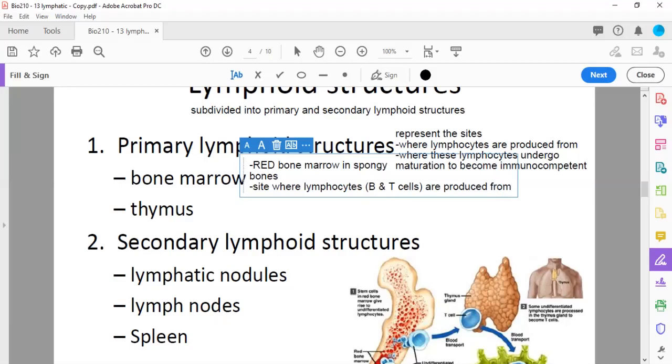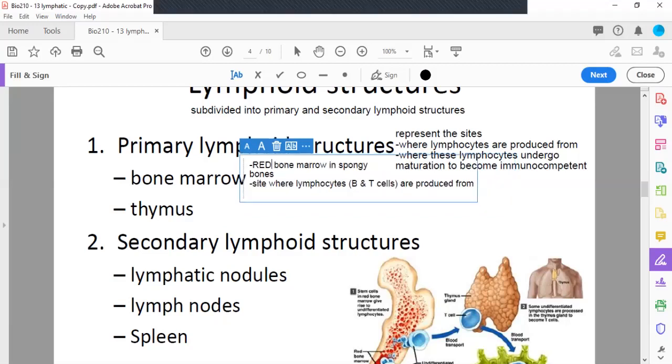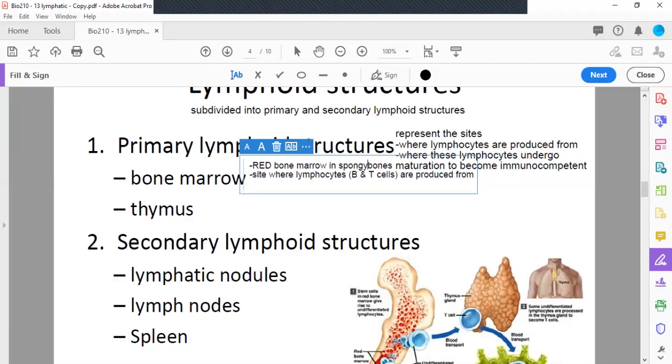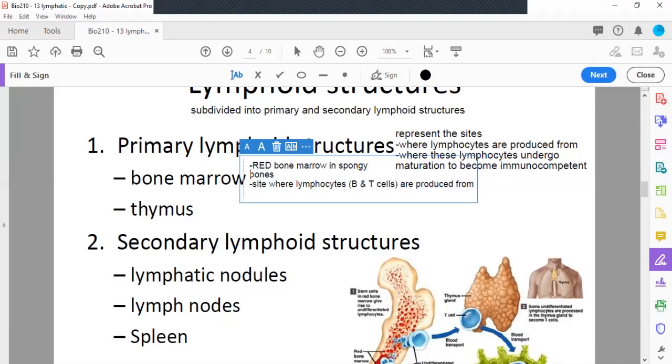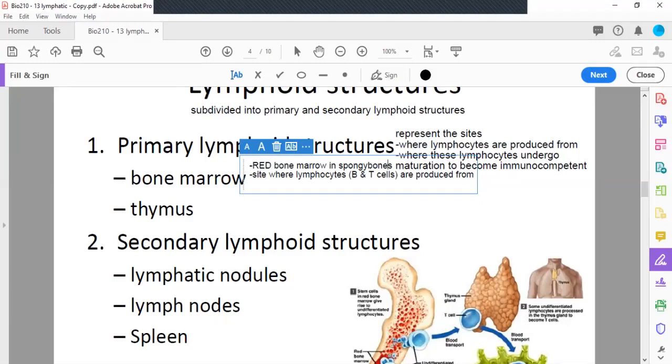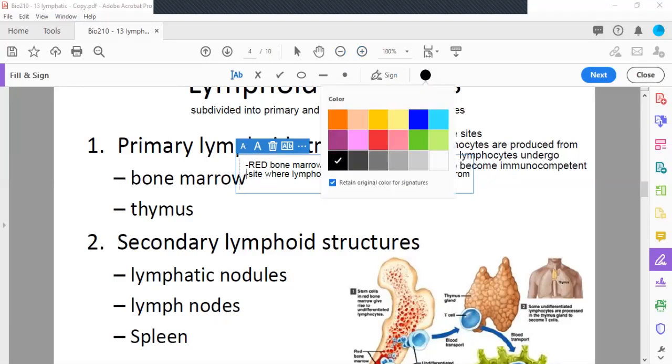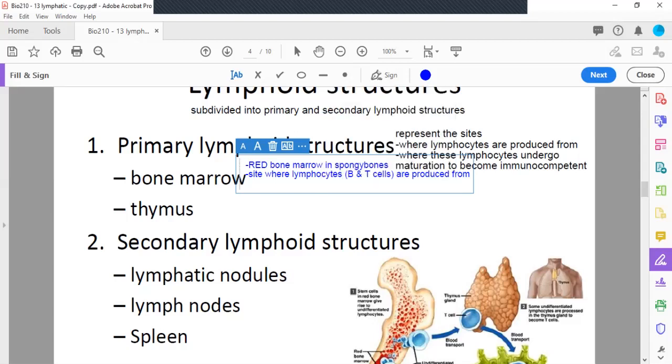Now, in addition to this, the B lymphocytes. I'm going to move it a bit to the right side, and I'll change color so you know there's a distinction between this and the previous statement.